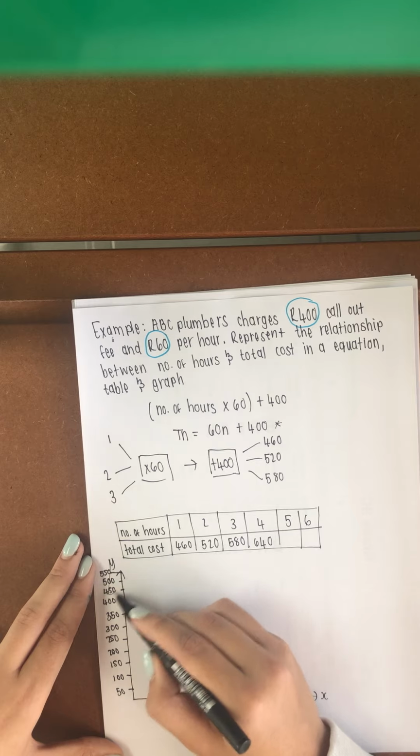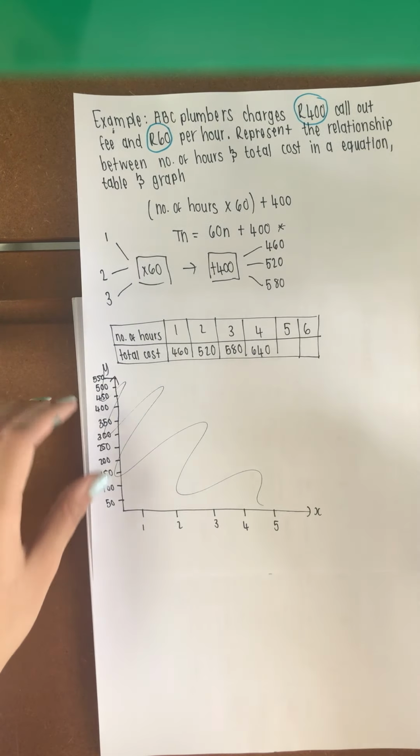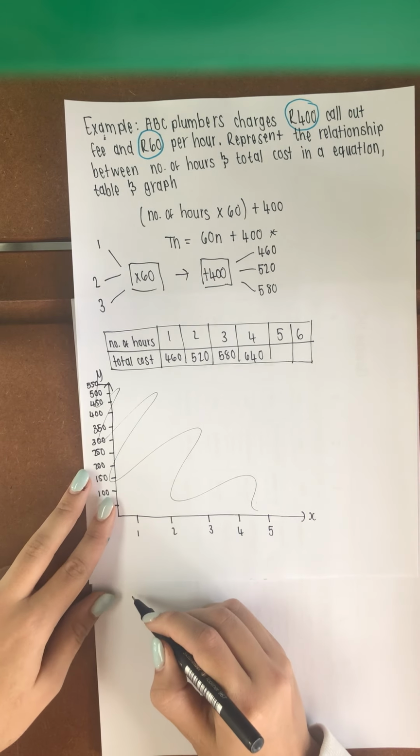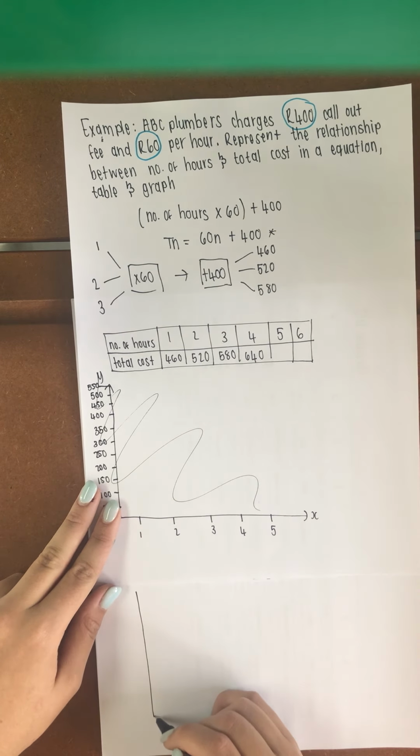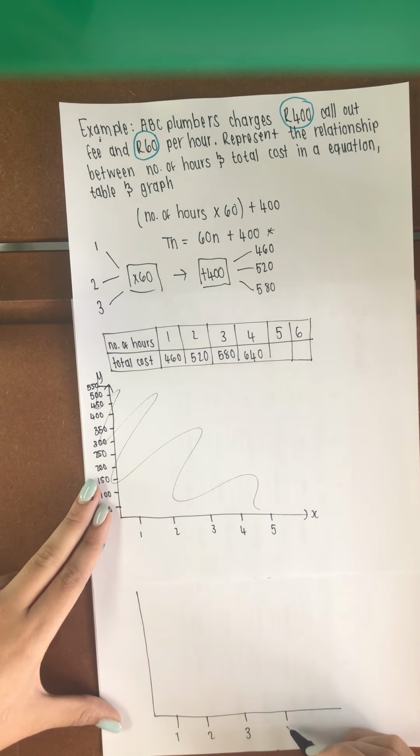Wait, sorry, this isn't going to work. Let's just draw a different graph because I need more space. Okay, so it will be 1, 2, 3, 4, 5.